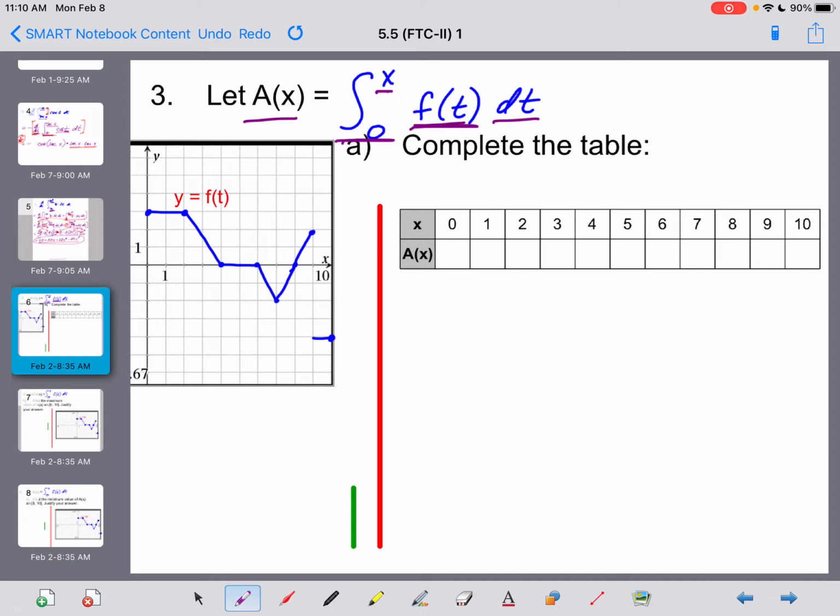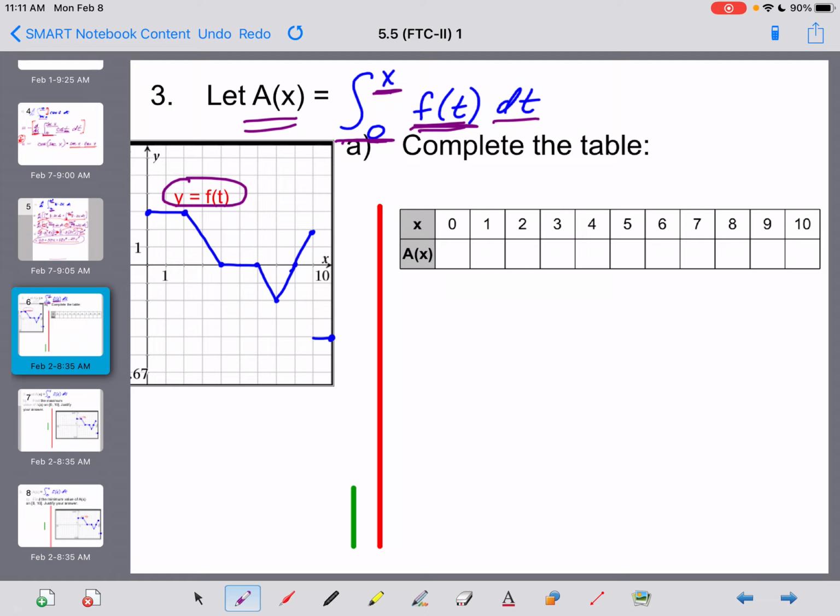We only use FTC part 2 when we take the derivative of a definite integral. And they're not asking us to take a derivative right here, so let's not fall for that. They're just saying that A of x is defined as the definite integral from 0 to x of this function here. And you'll notice, guys, that's the function that's been given to us. It's this weird, goofy, segmented, piecewise function that starts at 0, and it ends, it looks like, at x equals 10.